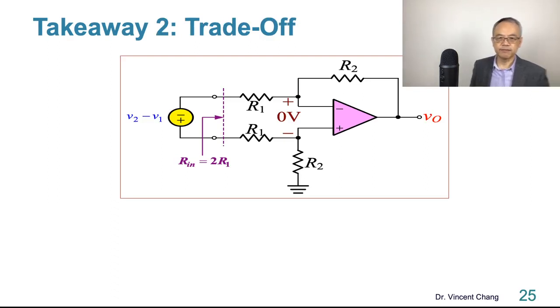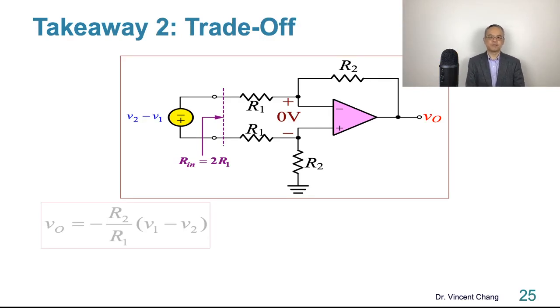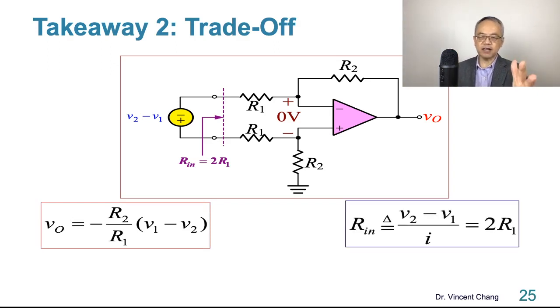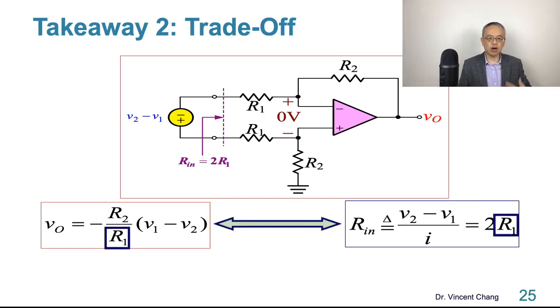The second, there's a trade-off between the gain and the input resistance. Because on the left-hand side it tells you the differential gain, and we also analyzed that the input resistance is 2R1. So if you want a high input resistance, R1 should be as high as possible, right?